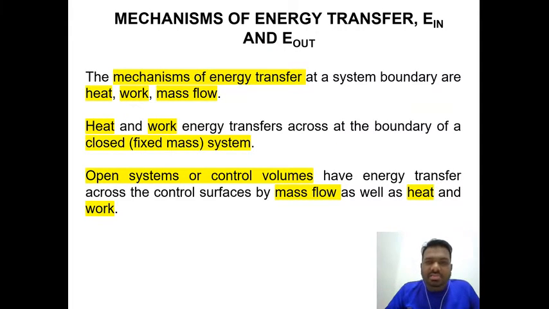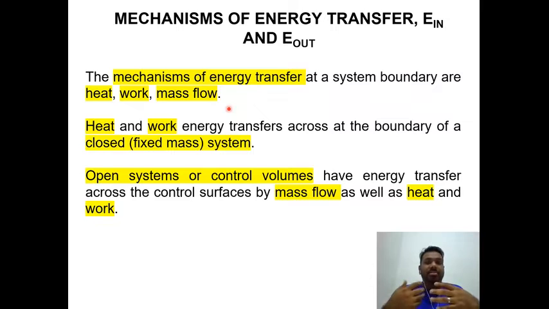Okay, so the mechanism of energy transfer, E in and E out. We want to see something related to the energy in and also energy out. The mechanism of energy transfer at the system boundaries are heat, work, and mass flow. So practically you have three types of energy transfer.